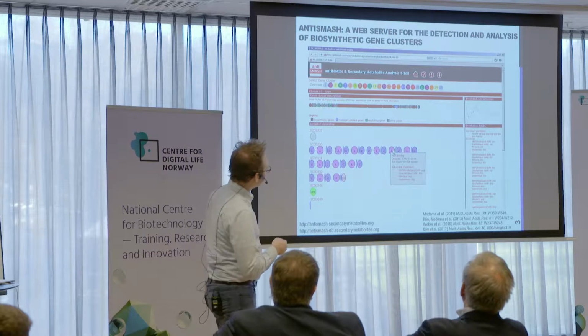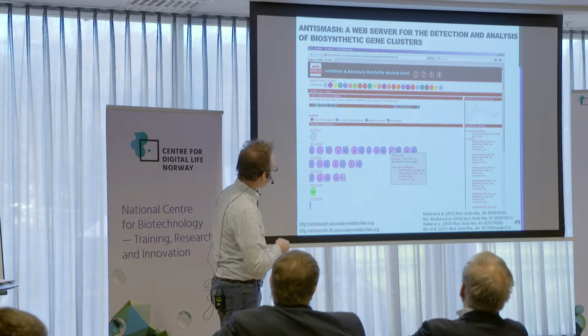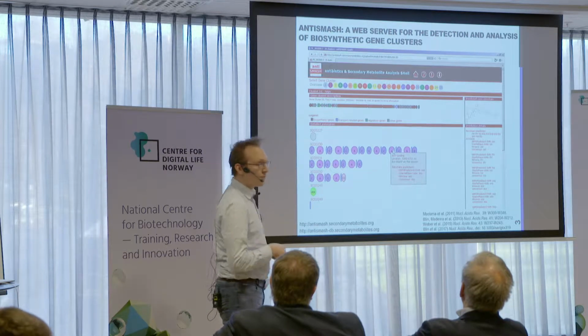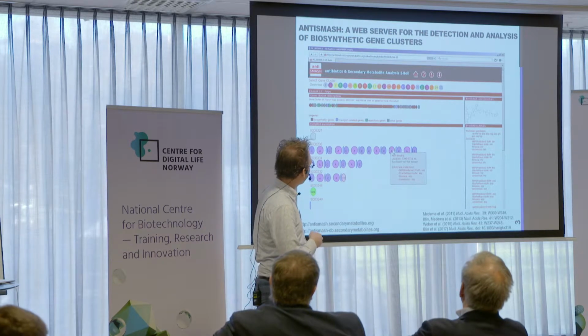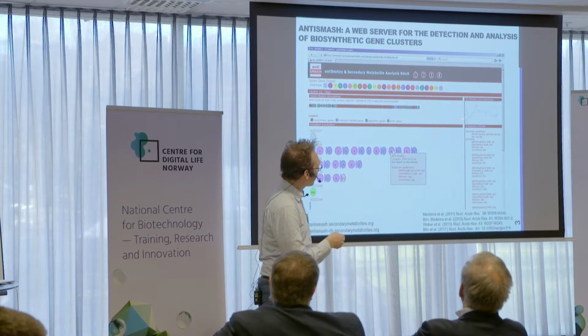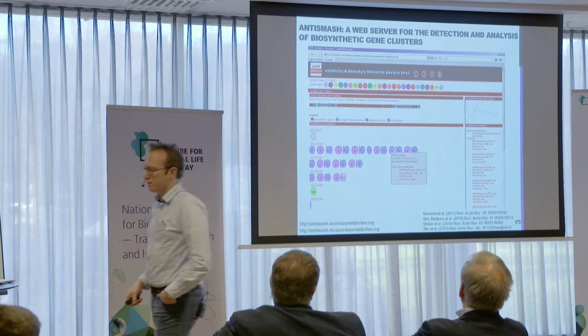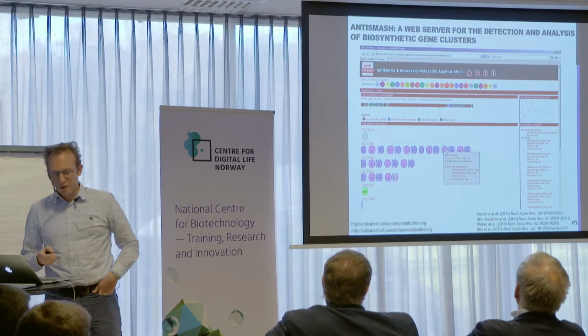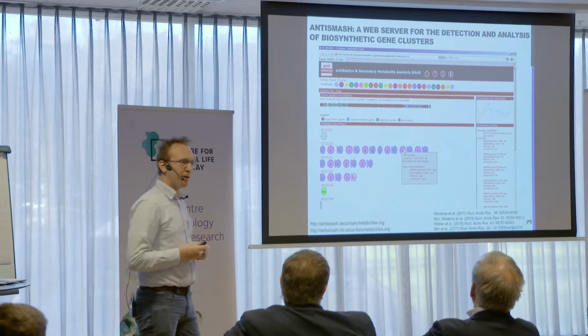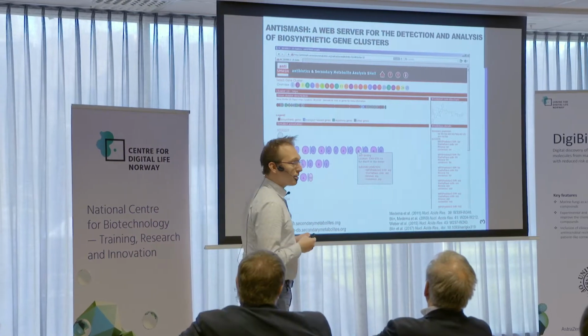And for the actual NRPS enzymes, you'll also see the modular domain structure of those enzymes, with which, based on the substrate specificity prediction of certain domains within those enzymes, we can already predict a core structure of the molecule.